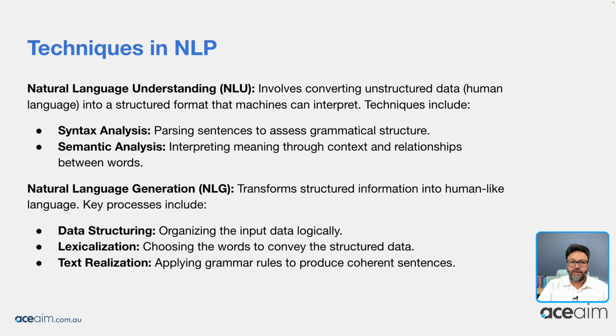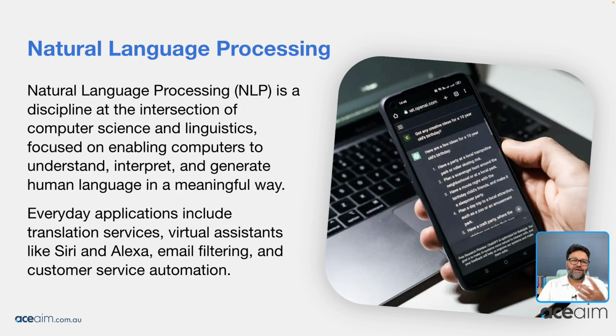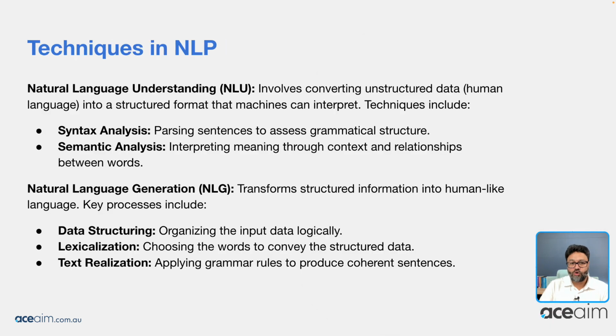So let's sum it up. First we understood that natural language processing is a science combining computer science and linguistics. Then we understood its applications in ChatGPT, Siri, Alexa, email filtering, and customer service bots. Then we saw the two major types of NLP, which are NLU and NLG, natural language understanding and natural language generation.